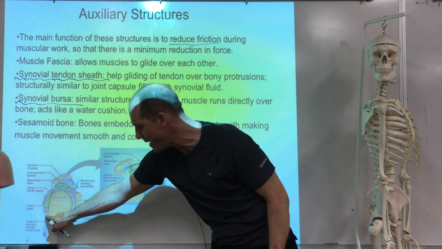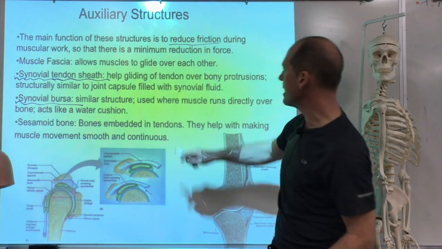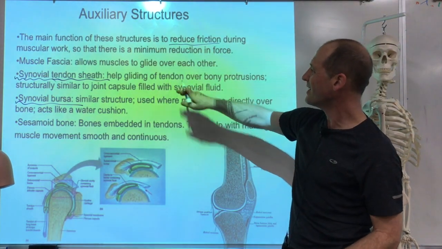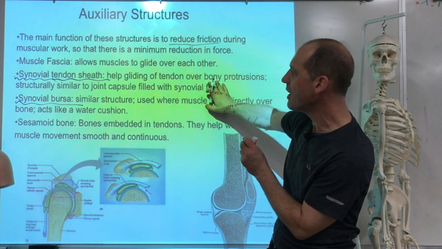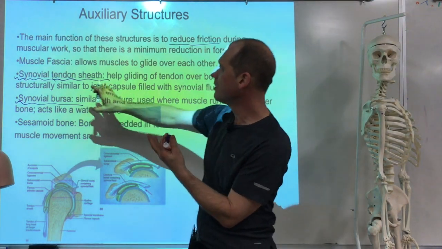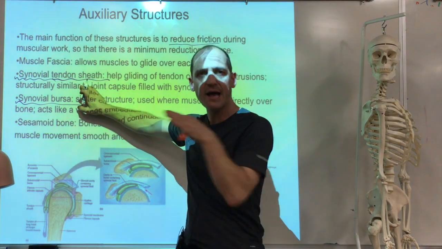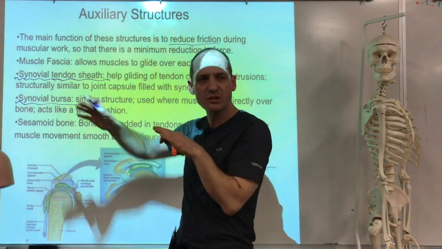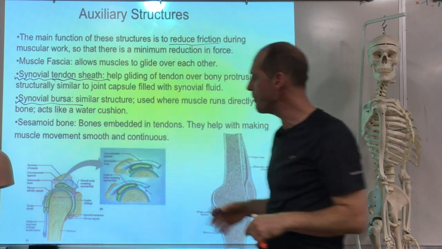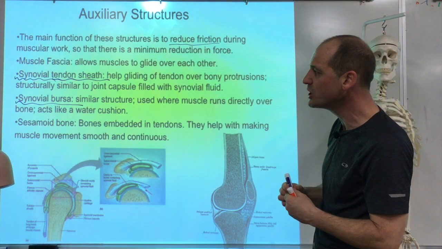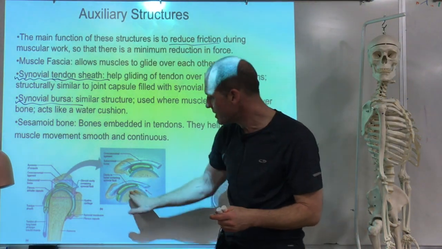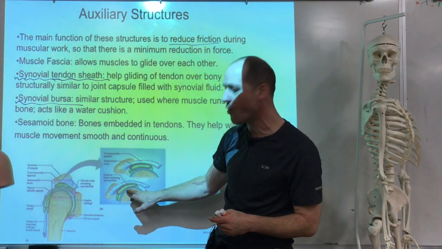Here you see right here, wraps around the tendon, the biceps tendon, and those are little wrapping things with fluid inside, and they help move the tendon in and out. And so it doesn't heat up, it doesn't rub, it's gliding more with them. And the bursa is similar, it's in between muscles, and it acts like a cushioning device to decrease the rubbing. You've got some right in here in your acromion.